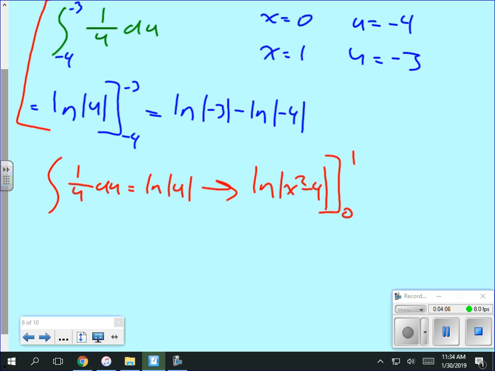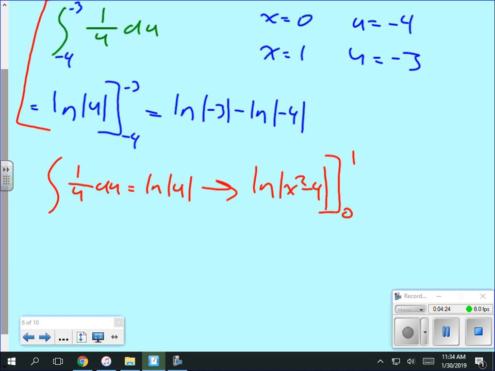When I plug in 0 for x and 1 for x, I get the exact same thing I just had. So it doesn't matter. You'll still get the same answer in the end, whether you change your bounds or don't.